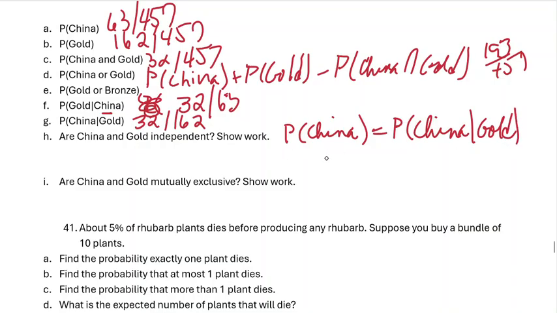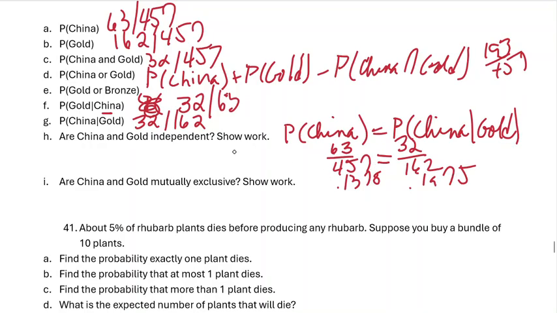Well, the probability of China was 63 over 457. The probability of China given gold is 32 over 162. 63 over 457 is about 0.13785. 32 over 162 is 0.1975 something.